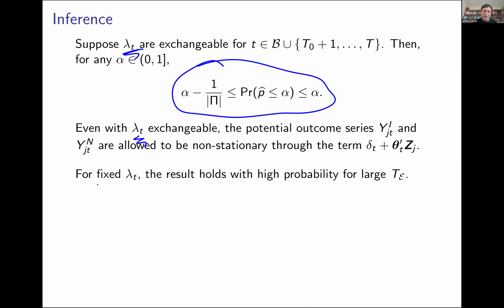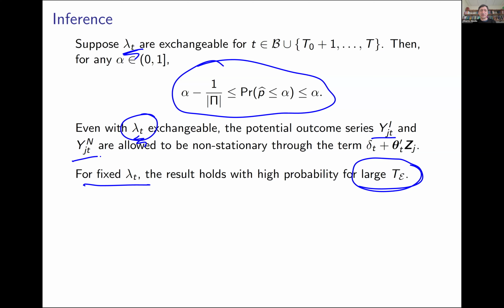Even if they are not exchangeable, this type of result will hold with large probability for large T when you have many fitting periods. And one of the nice things about this result is that even if you have the lambda T exchangeable, this doesn't mean that the Y's, the potential outcomes, are going to be exchangeable.